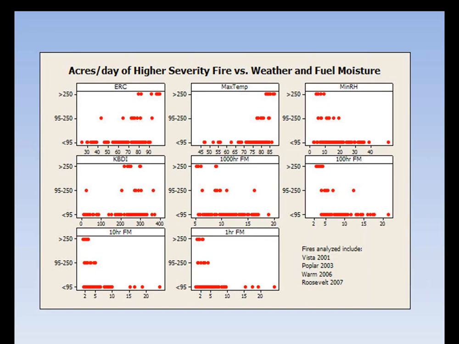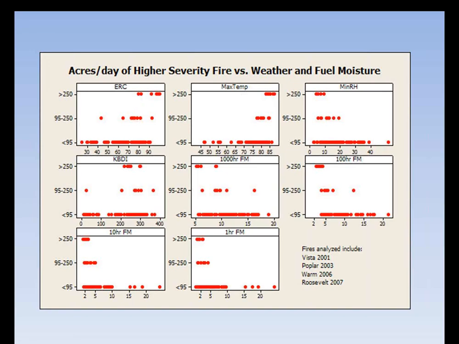So what we came up with was this chart, and we found out that when the ERC values get to 65, it's possible that you're going to get patches of high severity. However, when the ERC reaches 80 or higher, it's likely that you're going to generate these large patches of high severity. And then we also found that max temperature, when it got to be 77 degrees, it was possible that you were going to get large patches.